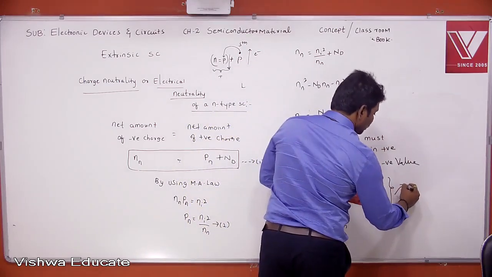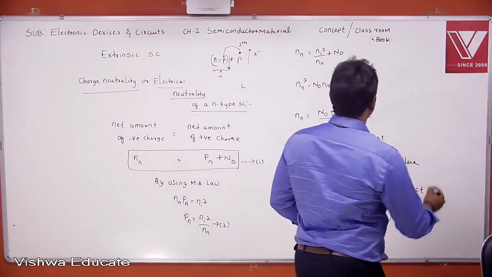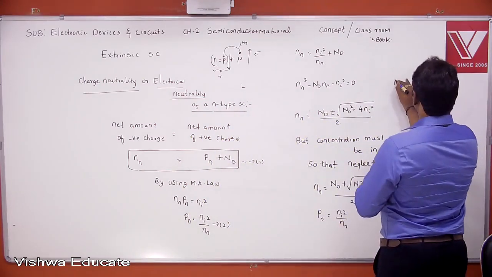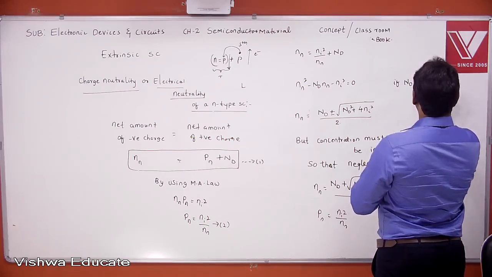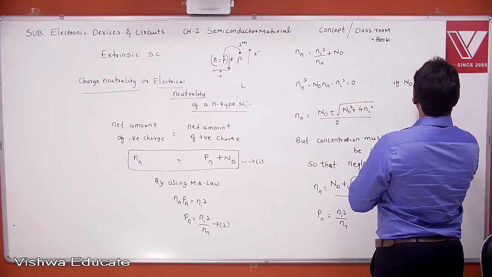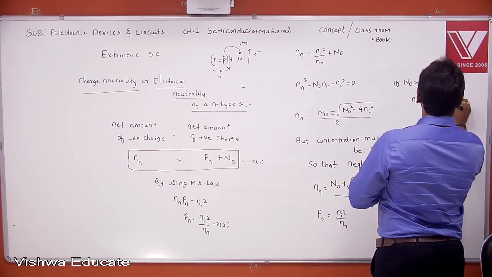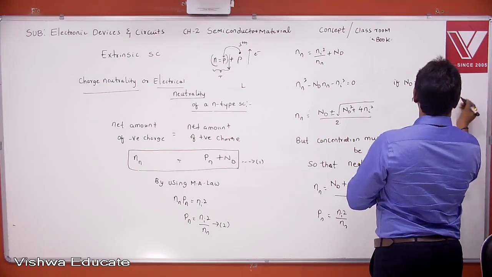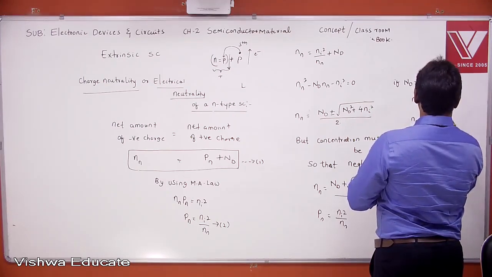Now this is an exact formula. I can also go for an approximation. If Nd is far greater than Ni, then the electron concentration is approximately equal to Nd plus Nd, divided by 2, that is, Nn is approximately equal to Nd.